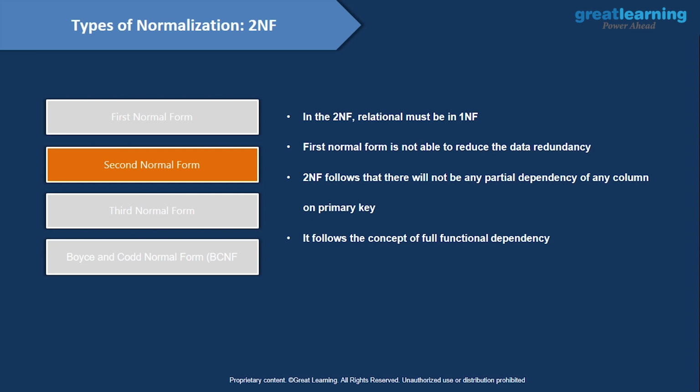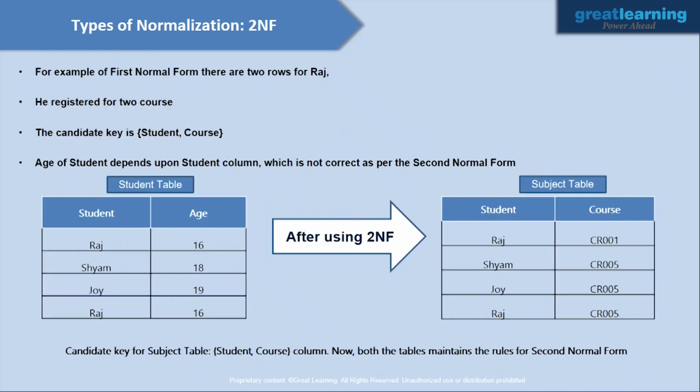Then 2NF, that is second normal form, follows that there will not be any partial dependency of any column on the primary key. It also follows the concept of full functional dependency. Let's have an example for that and look at how the second normal form works.